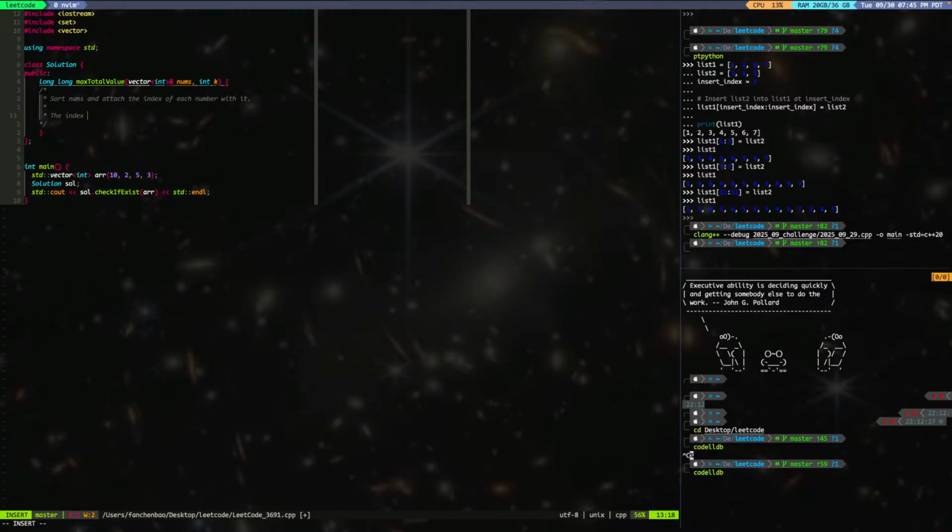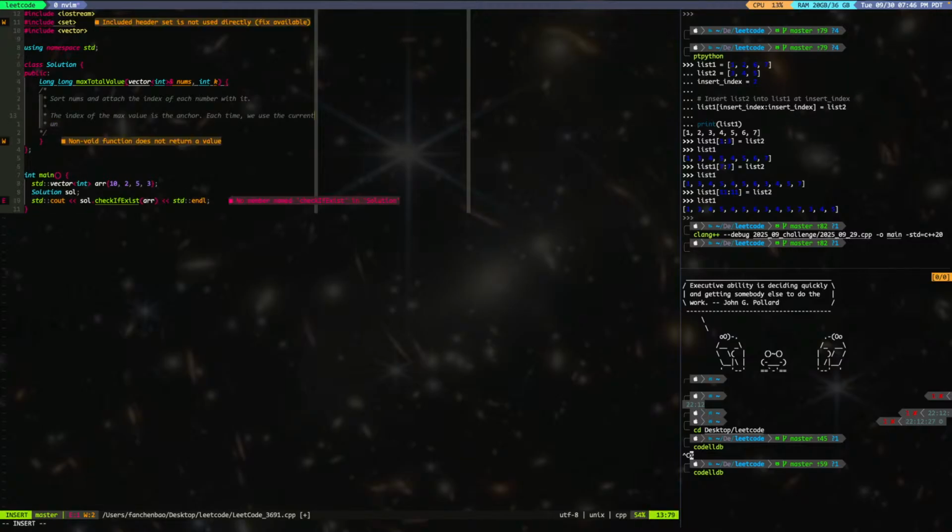The index of the max value is the anchor. Right. Each time we use the currently unused smallest value.